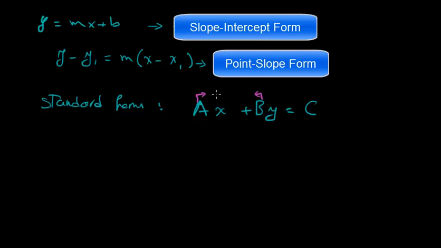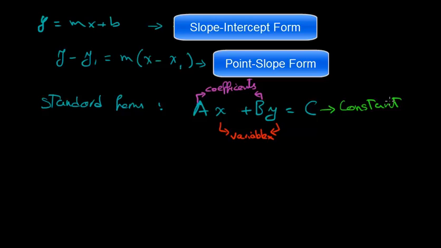A and b are coefficients, x and y are variables, and c is a constant.